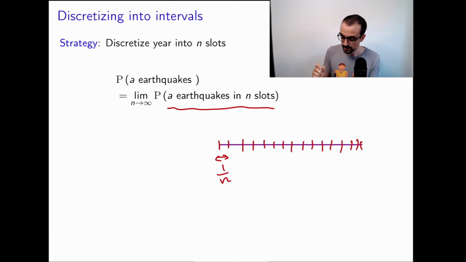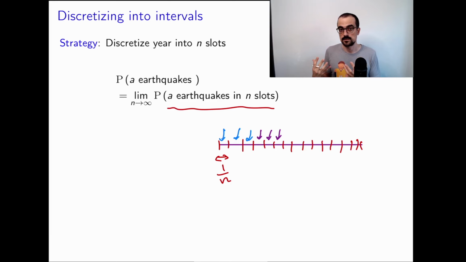Then the probability that we see A earthquakes is basically the probability of having A slots with an earthquake and having n minus A slots without an earthquake. I mean, that's basically the probability that we are looking for.